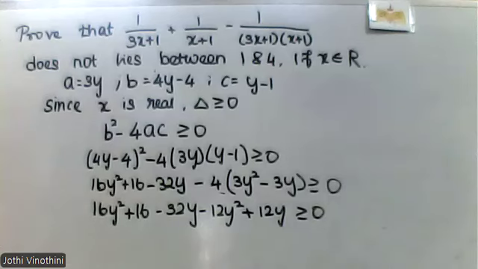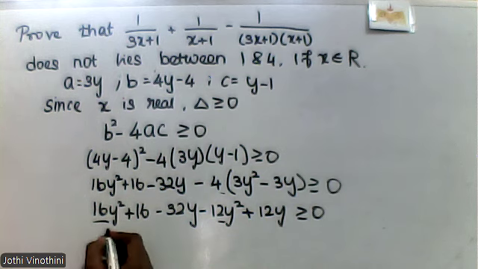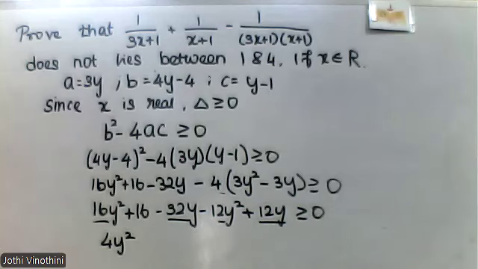Now we can simplify this. Here we have plus 16y squared minus 12y squared. 16 minus 12 is 4y squared. Now I am going to solve for y. Here it is minus 32y, here it is plus 12y.